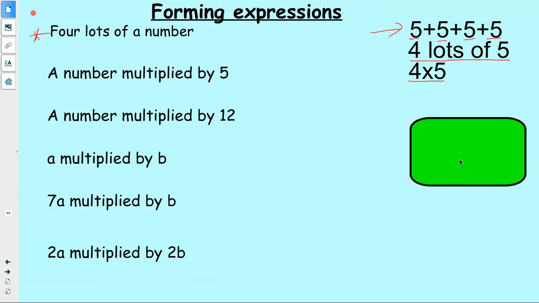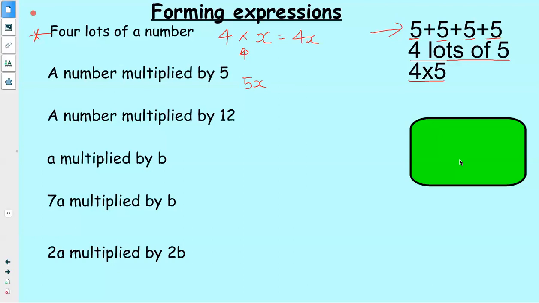So 4 lots of a number, again, I'll use the variable x here. 4 lots of it would be 4 multiplied by x. And we know from previous lessons we don't have to write that multiplication sign in the middle. That just becomes 4x.